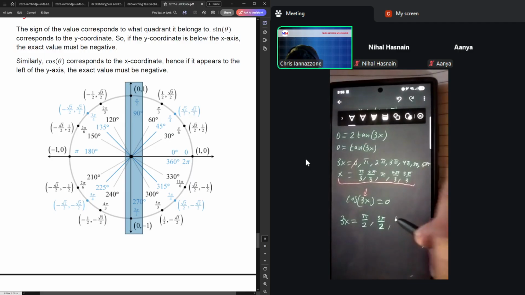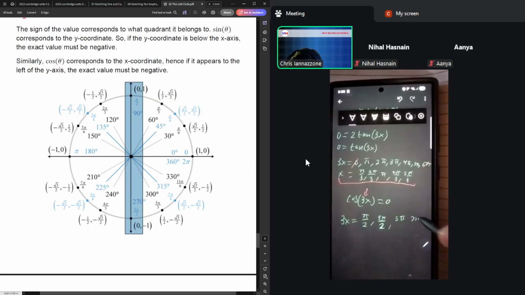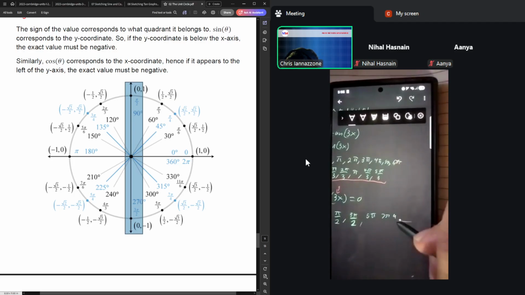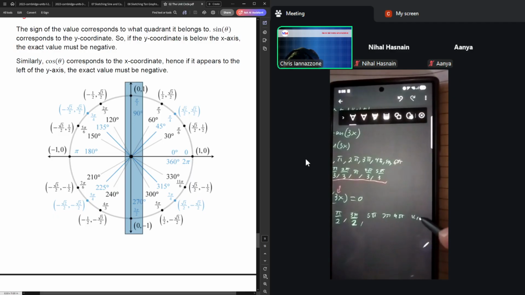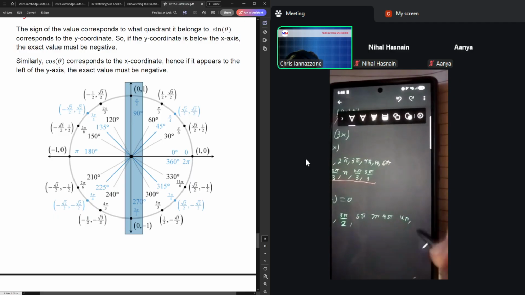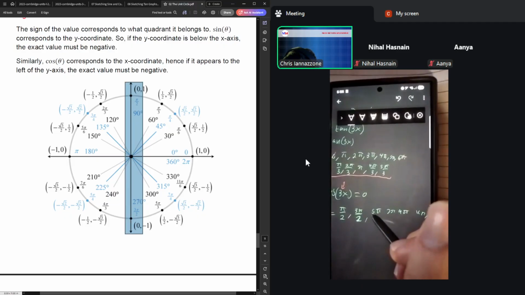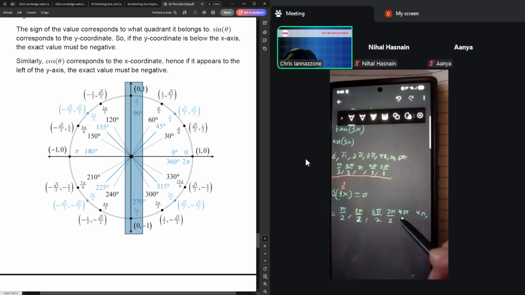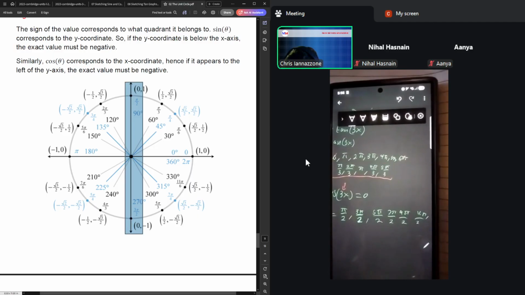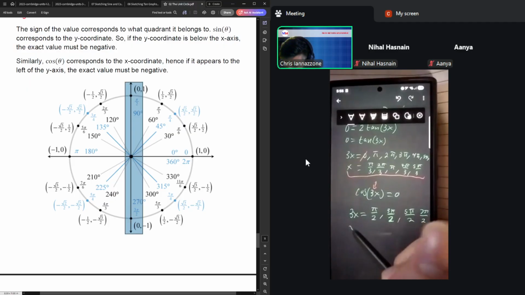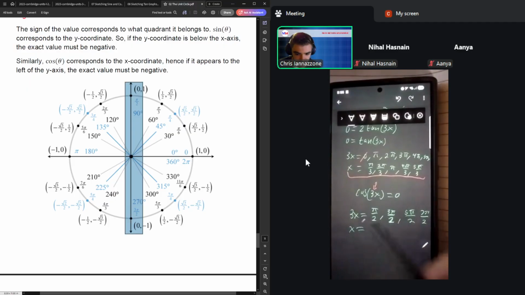So 3, 5, 7, 9, 11, 13. Is that enough actually? 2, 4, 6. Oh, that'll be enough actually. Okay. And then finally, as before, because that's 3x, you want to get it back to x.